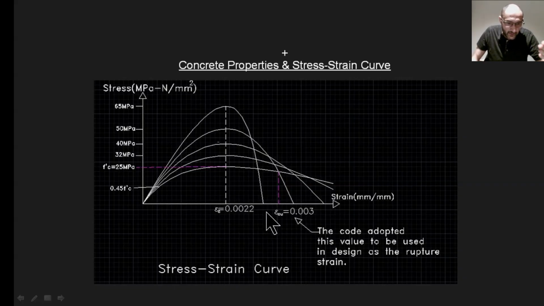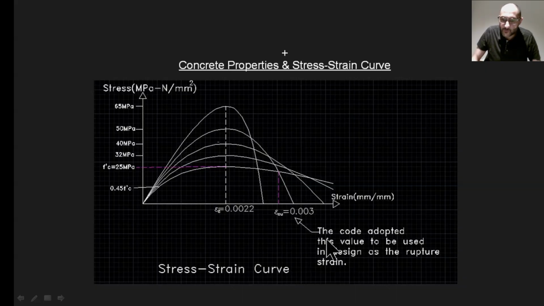Beyond this point, the material begins to fail, and the ultimate strain, which is at the end, is denoted as epsilon sub cu, which is about 0.003, or 0.3%. That is specified in AS 3600 2018.